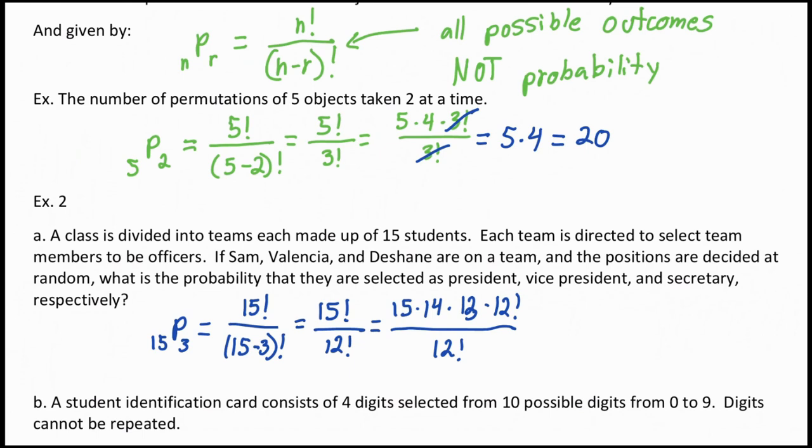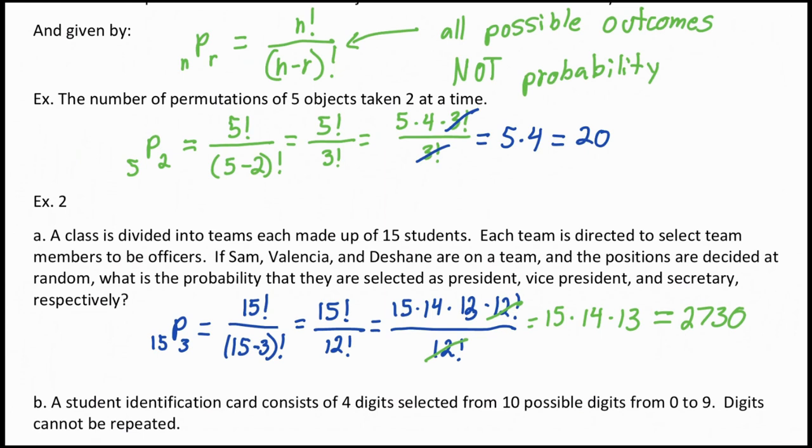The 12 factorials will cancel. And so I'm just going to get 15 times 14 times 13. Okay, 2,730. So what this is saying is there are 2,730 different ways we could pick these 3 people.